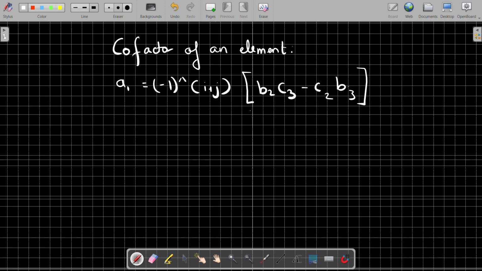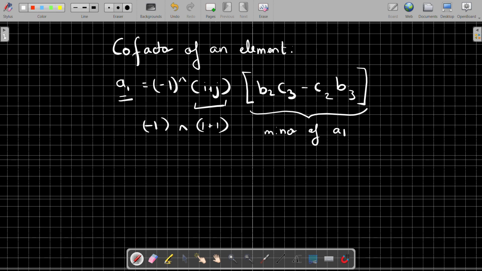So this is the minor of your A1. In this case, i plus j will be 1 plus 1. So -1 raised to the power 1 plus 1 into the minor of A1 will give you the cofactor of A1.